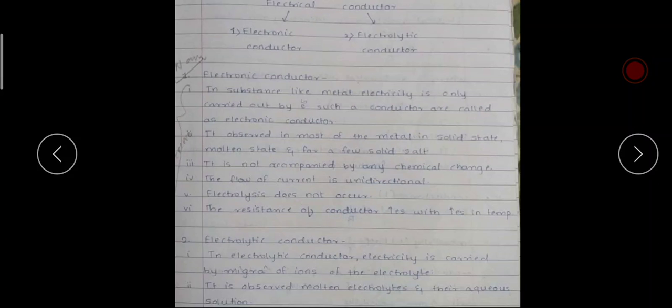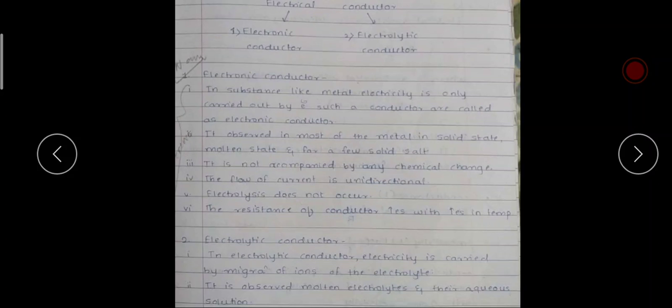Then the third point is that the electronic conductor is not accompanied by any chemical change. In case of the electrolytic conductor there will be a chemical change. The fourth point is that the flow of current is unidirectional, whereas here the current will be flowing in both directions. Electrolysis does not occur in the electronic conductor, but in the electrolytic conductor electrolysis will occur.